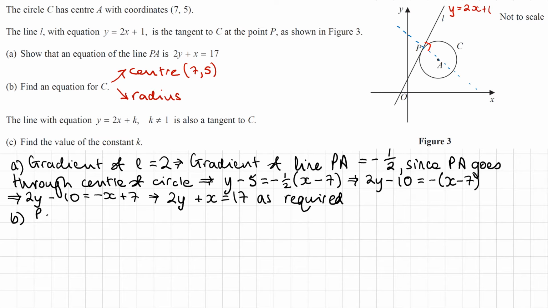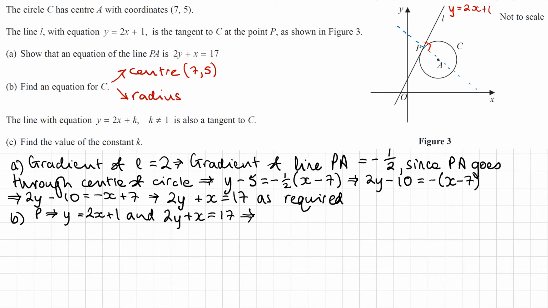Right, so we need to find that point P first. So to find the point P, what we need to do is to take the equations of both our lines, y is equal to 2x plus 1, and 2y plus x is equal to 17, and we need to solve those simultaneously. So one way to do that would be just to take y in the second equation and replace it with 2x plus 1.